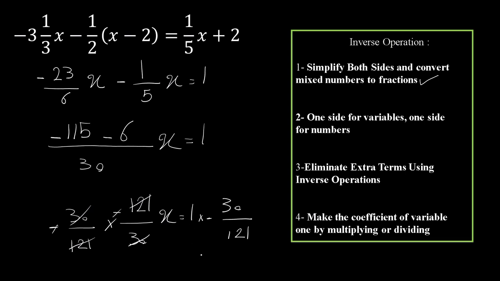So the answer will be x is equal to minus 30 over 121. And this is the only correct answer of this question.